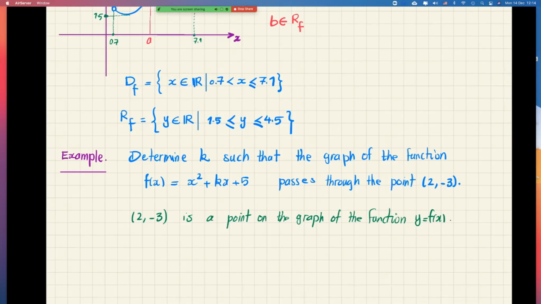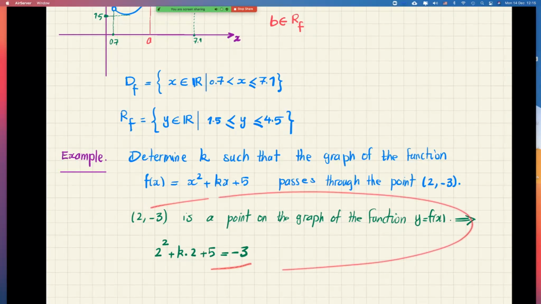From this sentence, if I replace x with 2, the answer is supposed to be -3. So this gives me that 2 to the power 2 plus k times 2 plus 5 is equal to -3. So let me stop at this point.